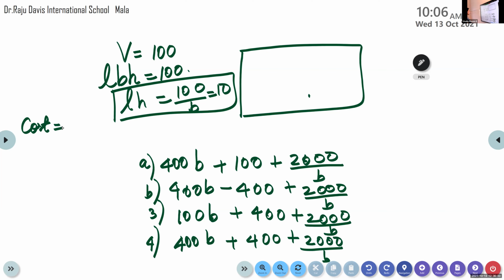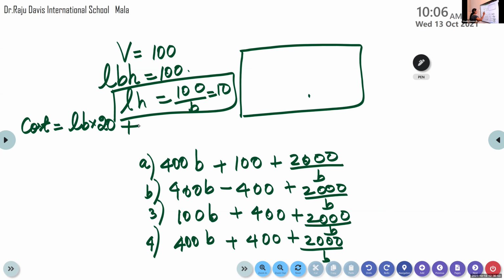So what will be the base? Length into breadth, isn't it? Cost for the base: length into breadth into 20. Plus, what about the side walls? We'll get 4 side walls, isn't it?